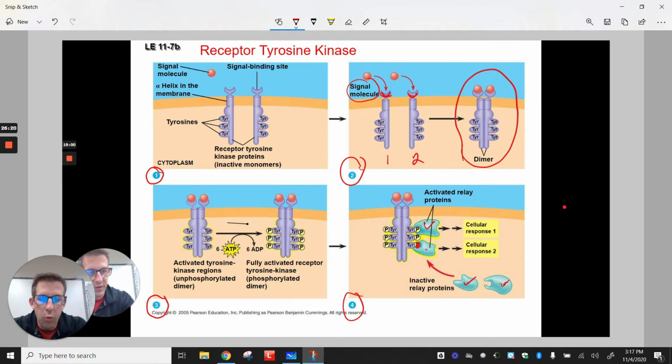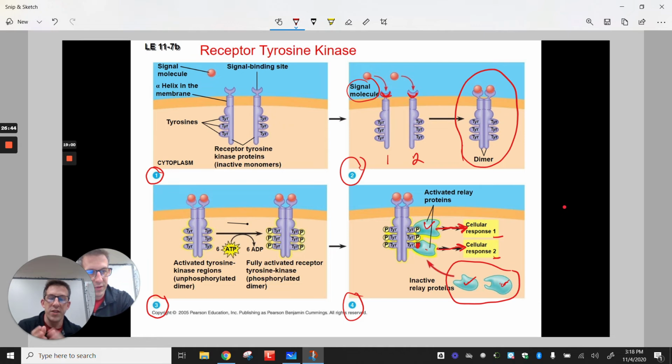Now, when you activate these inactive proteins that we see down here, they in turn are going to go activate something else. Okay, this top one is going to go activate cellular response number 1. This bottom one is going to go activate cellular response number 2. Okay, distinctly different responses, but both pathways have now been activated.